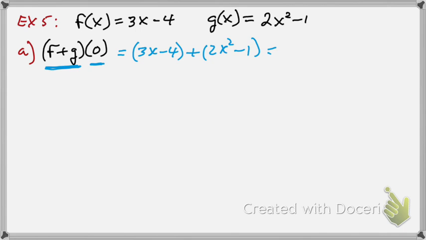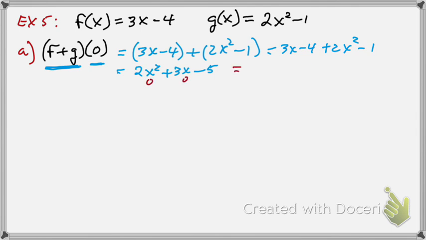I take off the parentheses, so I've got 3x minus 4 plus 2x squared minus 1 equals 2x squared plus 3x minus 5. And then I'm going to evaluate that when x is 0.